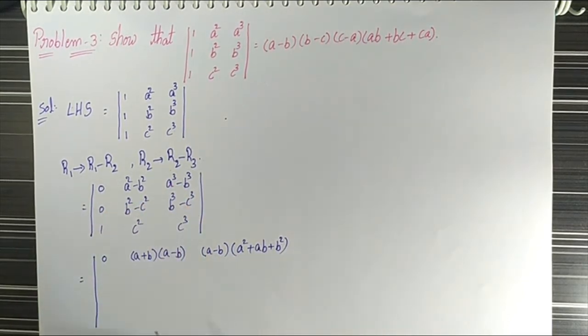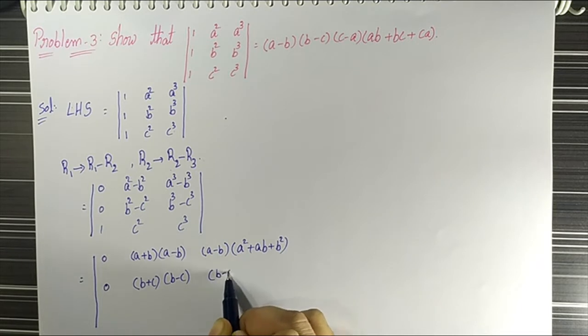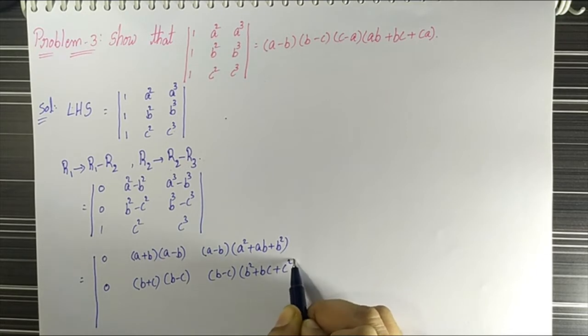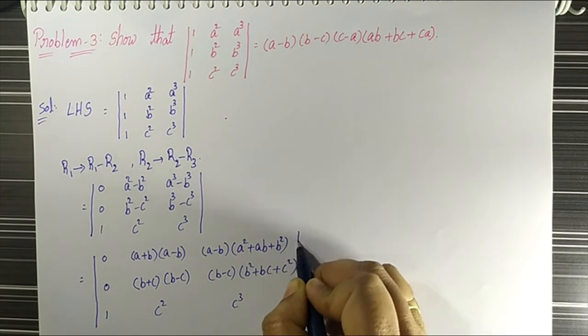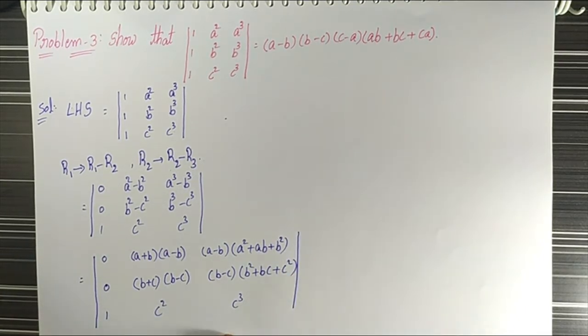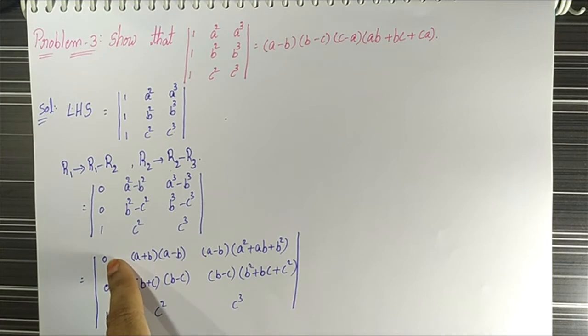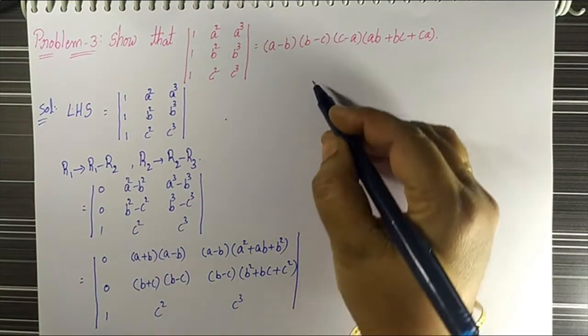Similarly, here we substitute the same formulas: 0, (b plus c)(b minus c), and (b minus c)(b² plus bc plus c²). The last row is 1 c² c³. From the first row we take a minus b as common, and from the second row we take b minus c as common.